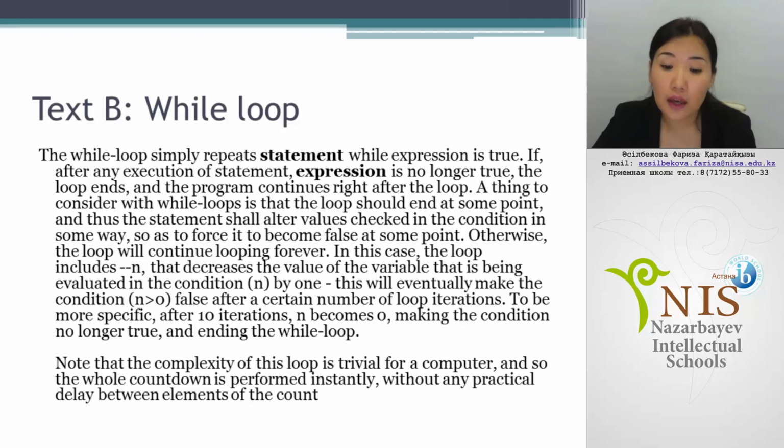Note that the complexity of this loop is trivial for a computer, and so the whole countdown is performed instantly, without any practical delay between elements of the count. The second group needs to find the key words in this text.